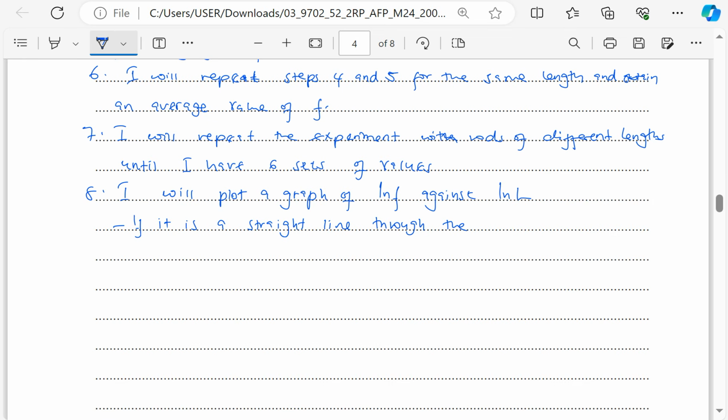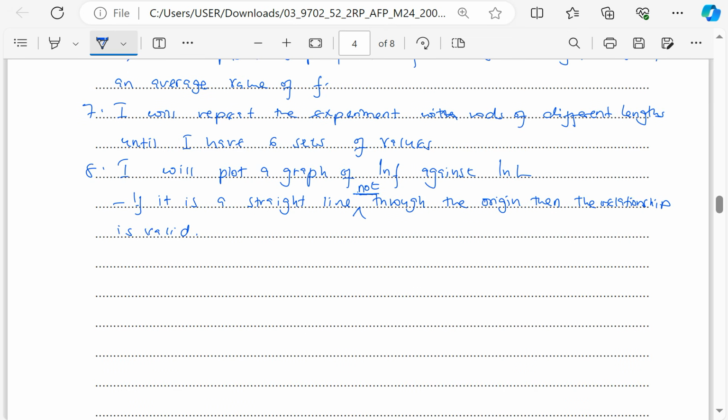If it is a straight line, it is not through the origin because it has the y-intercept. If it is a straight line not through the origin, then the relationship is valid.